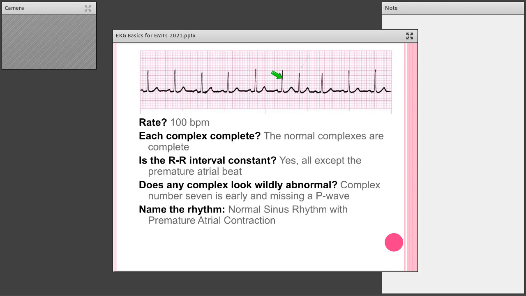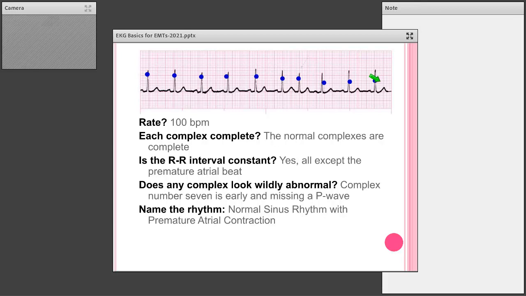Okay, so hopefully you came up with a normal sinus rhythm with a PAC. So we've got 1, 2, 3, 4, 5, 6, 7, 8, 9, 10. So a heart rate of about 100. They're all complete. They've all got a P wave for each QRS complex. It's a regular interval except for this one right here, which is premature.